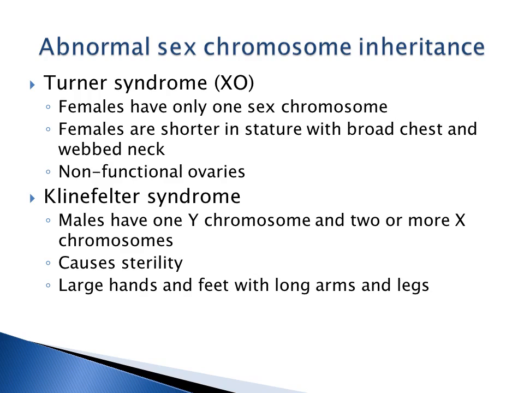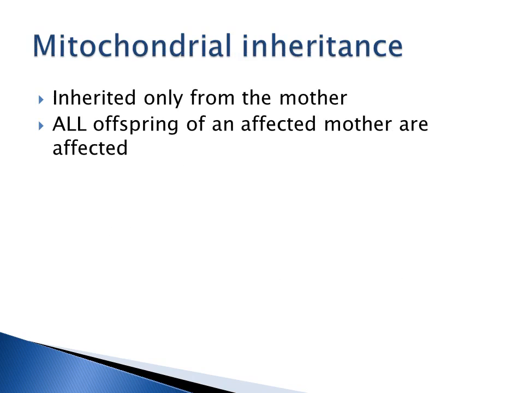Individuals with Turner syndrome are usually shorter in stature, have a broad chest and a webbed neck, and also have non-functional ovaries. Klinefelter syndrome occurs in males who only have 1 Y chromosome and 2 or more X chromosomes. The disease causes sterility, large hands and feet, and long arms and legs.